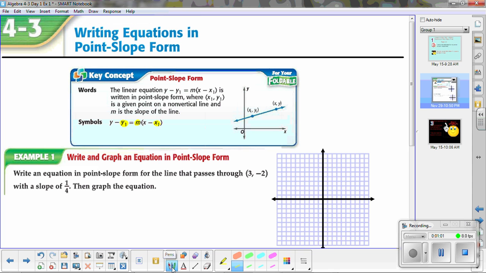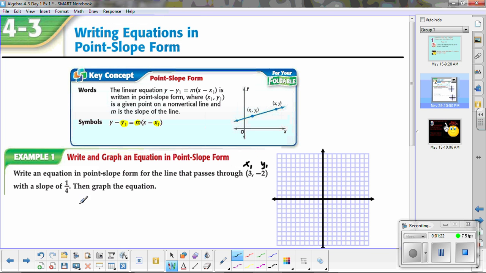So if we go to our first example, it says write an equation in point-slope form for the line that passes through (3, -2) with a slope of 1/4. Then graph the equation. Well, this right here is going to be your x1 and your y1.